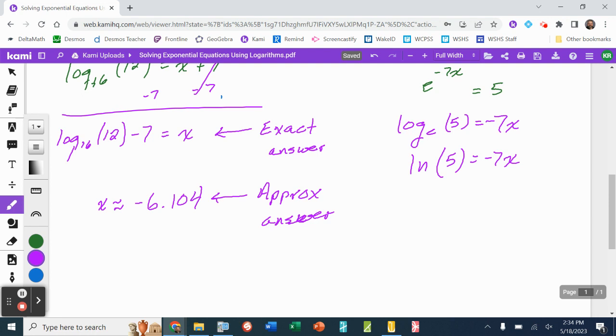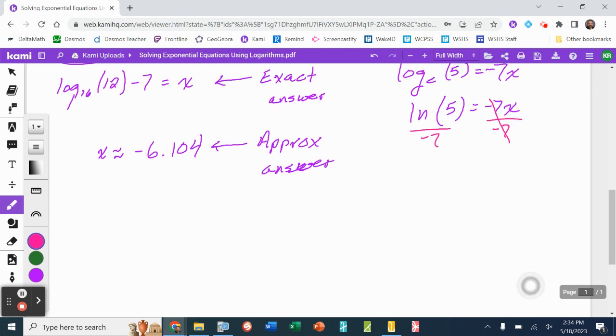Now, notice x has not been solved for here yet. So I've got to come back in and solve for x, because right now it's being multiplied by -7. So I'm going to divide both sides by -7. And on the right, those are going to simplify out, leaving us with just x over there on the right.